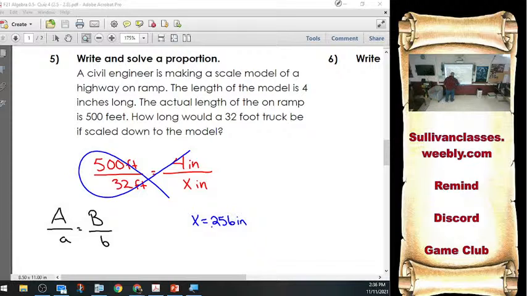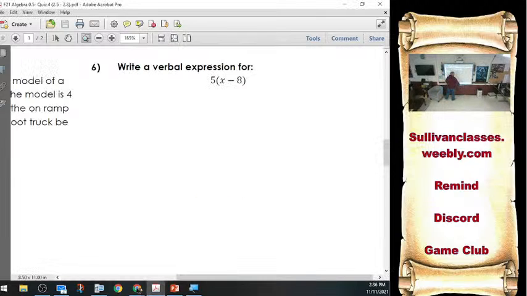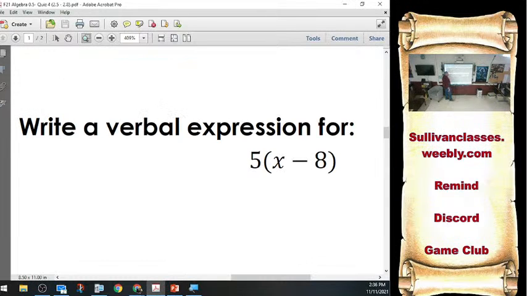And then, said we're halfway through the semester, you're going to start seeing this more and more. Verbal expression, meaning turn math into words. We have to be able to go from math to words and words to math, otherwise we're never going to be able to do any of our word problems.